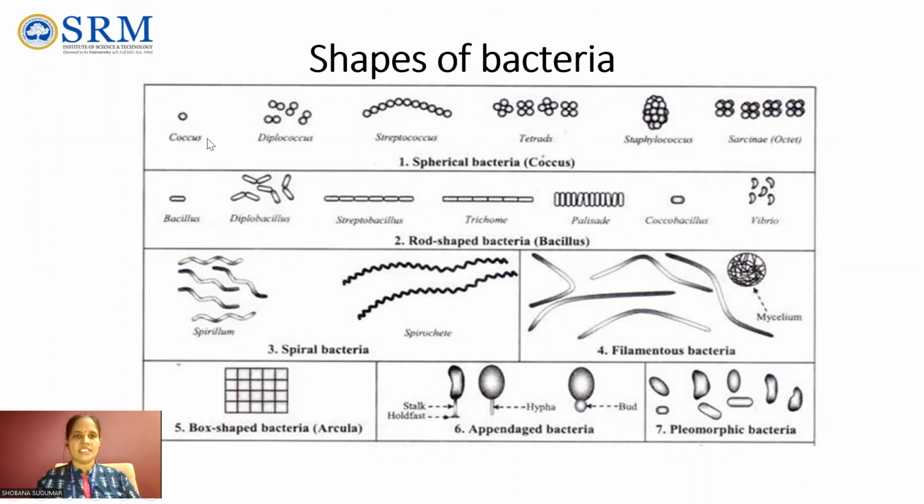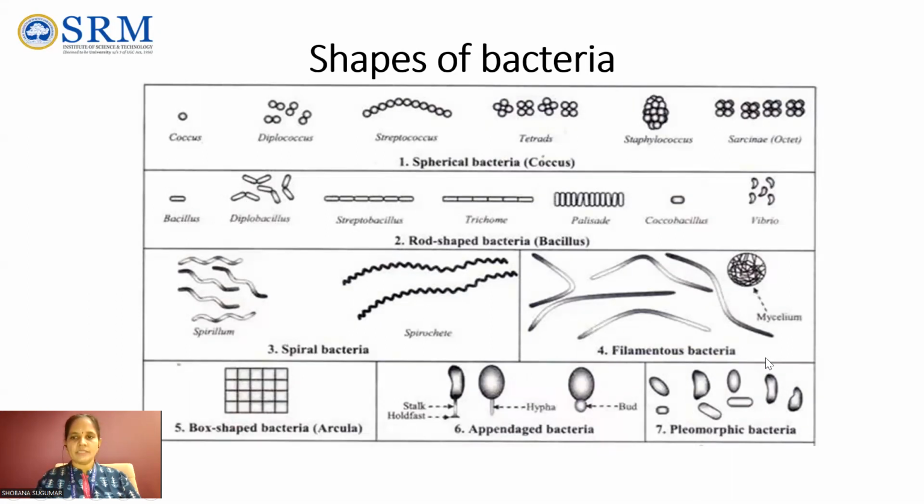Within the cocci, there are subtypes such as Diplococcus, Streptococcus, tetrad arrangement, Staphylococcus, and Sarcina. Among rod-shaped bacteria, there are Diplobacillus, Streptobacillus, trichome arrangement, palisade arrangement, Coccobacillus, and comma-shaped bacteria, Vibrio. Among spiral-shaped bacteria, examples are Spirillum and Spirochete, and within the spirochetes, Treponema pallidum, which causes syphilis.